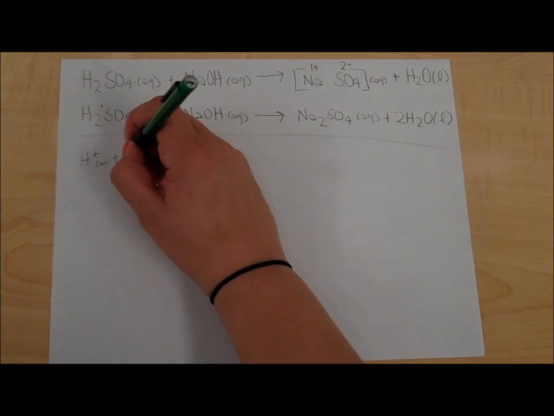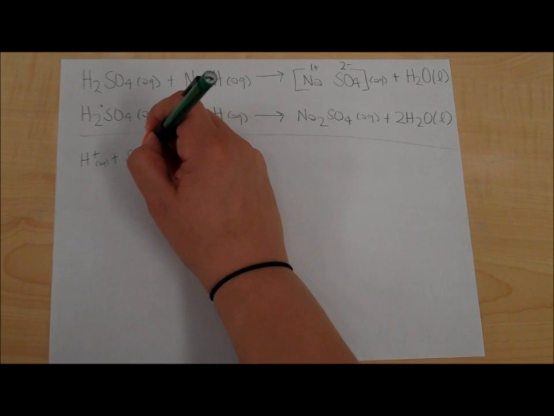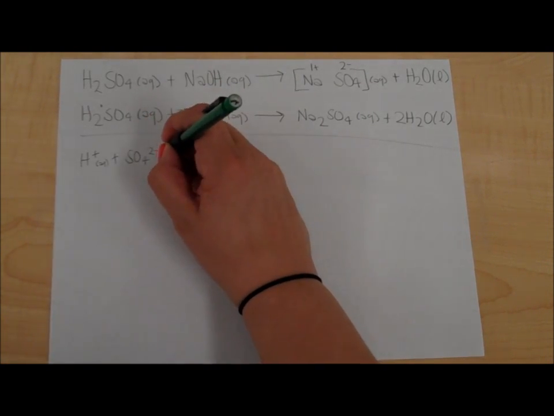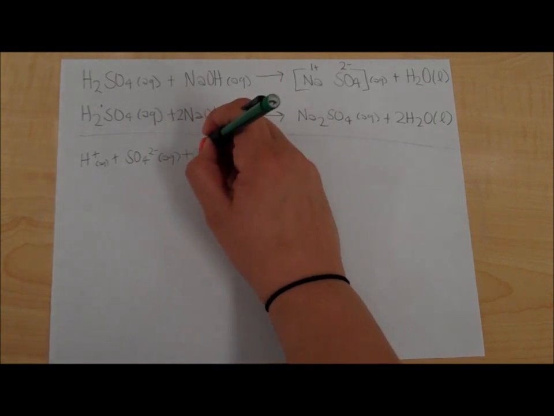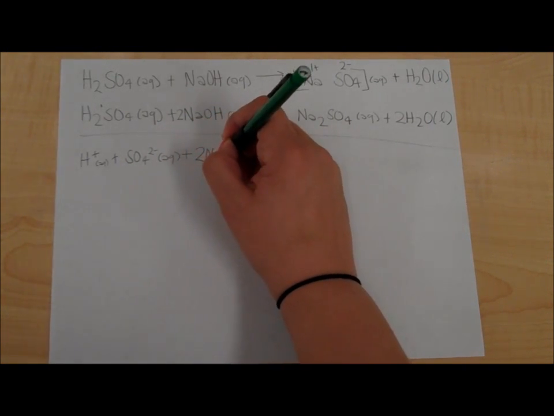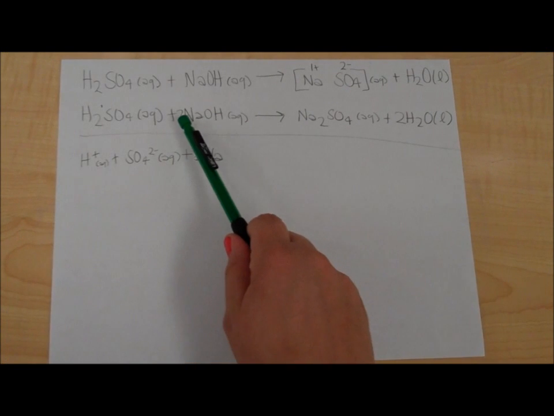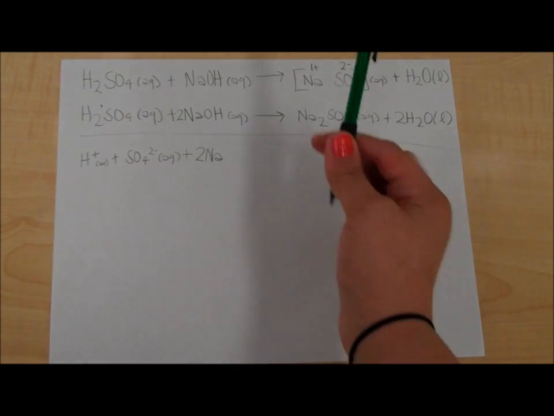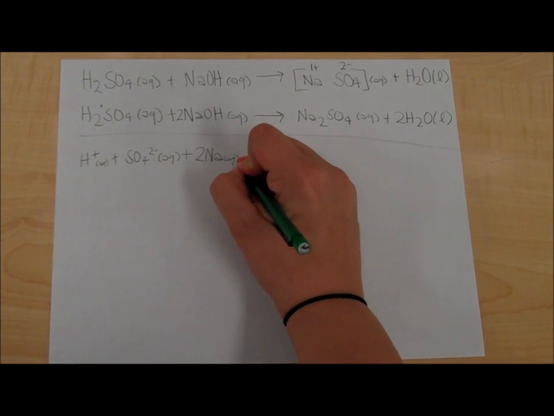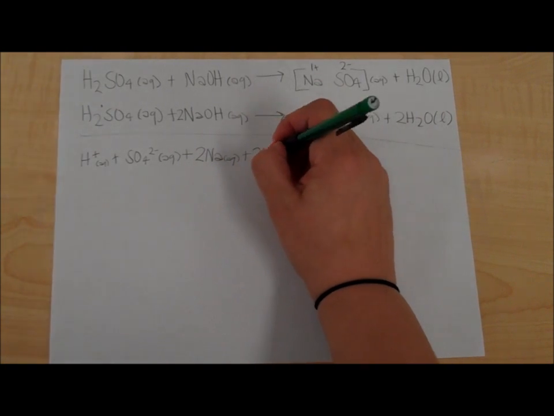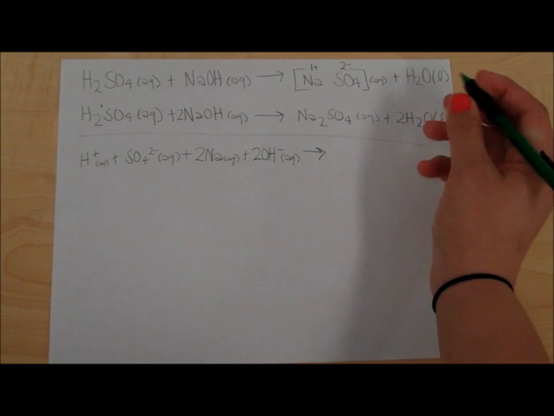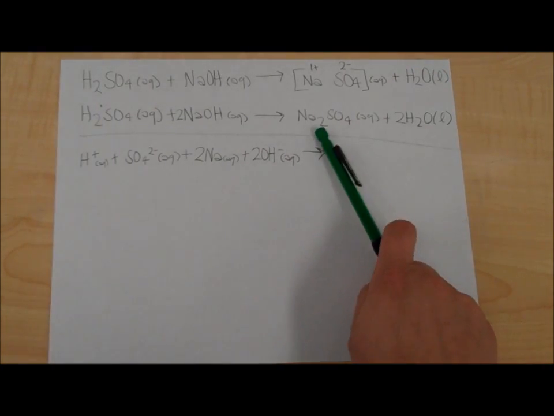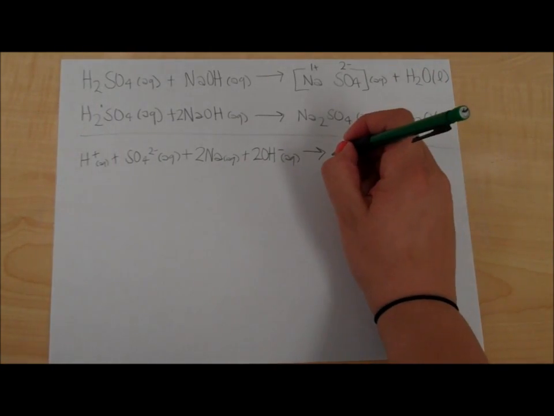Don't forget your states. 2-. And since there's a 2 in front of this NaOH, we want to make sure we carry the 2 over to the OH as well. And we already know that this broken up looks like this.